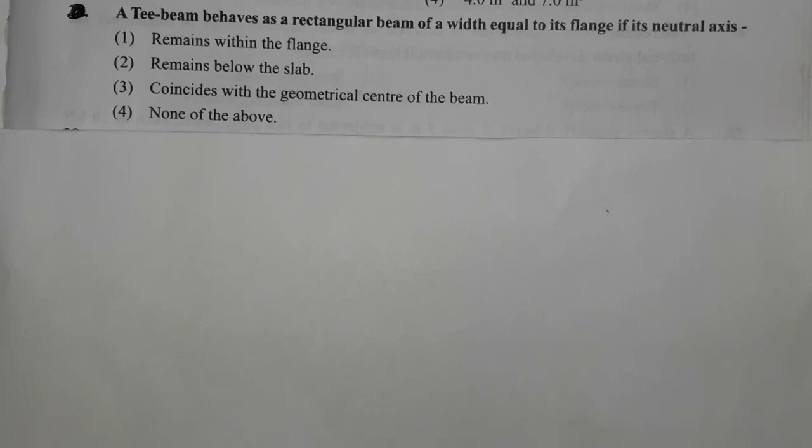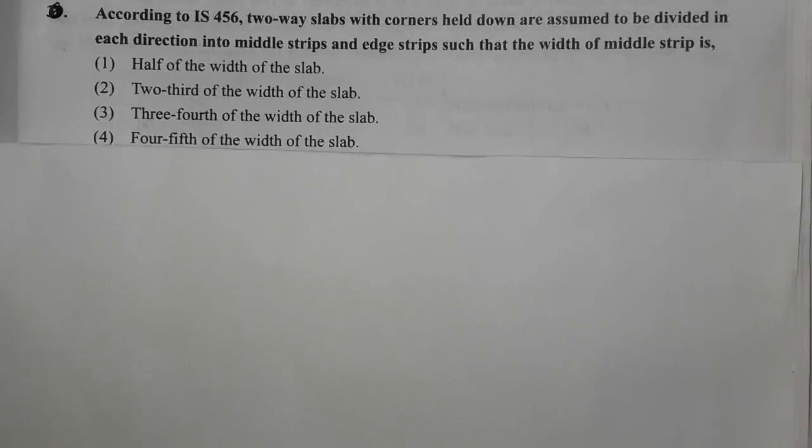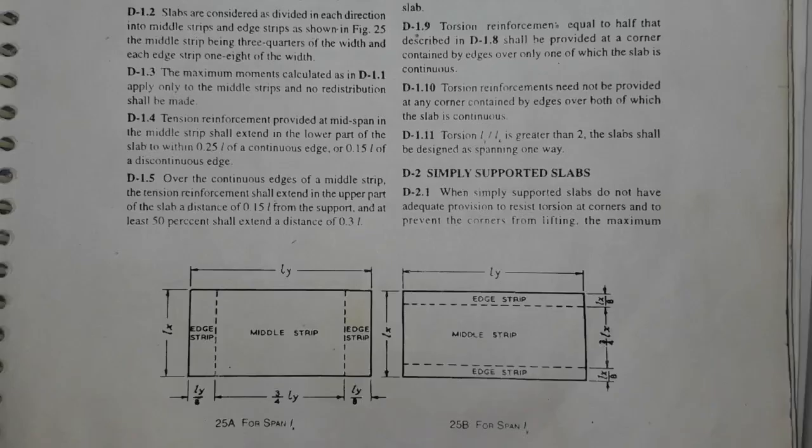Next question. According to IS 456, two-way slabs with corners held down are assumed to be divided in each direction into middle strips and edge strips such that the width of middle strip is. Now to have the correct answer, again we will have to refer IS 456, Annex D, IS 456 2000.